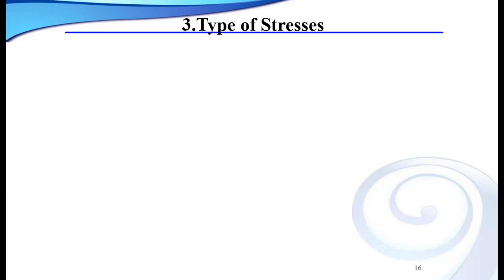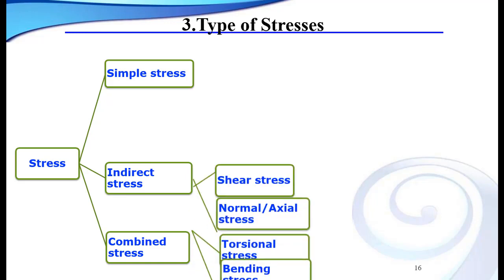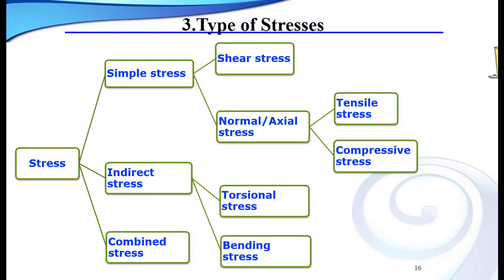What are types of stresses? There are three types of stresses: simple stresses, indirect stresses, and combined stresses. Under simple stresses, we have shear stress and normal stress. The normal stress can be further divided into tensile stress and compressive stress.